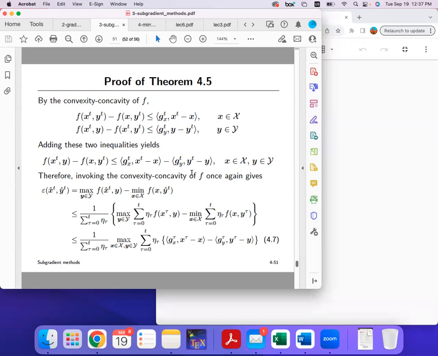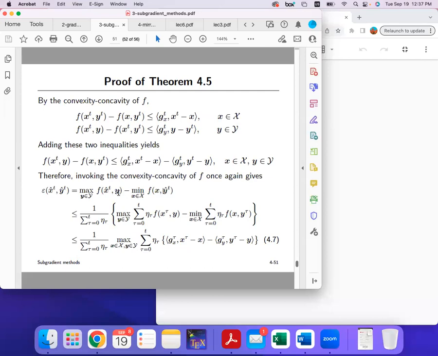And then with this inequality, we can start to bound the duality gap. So let's look at this one. By definition, the duality gap at x hat t, y hat t is defined in this way. This is simply by definition.